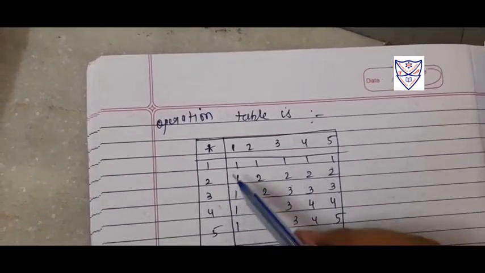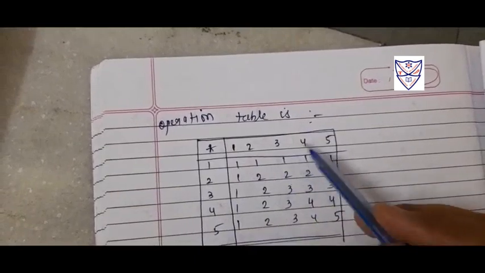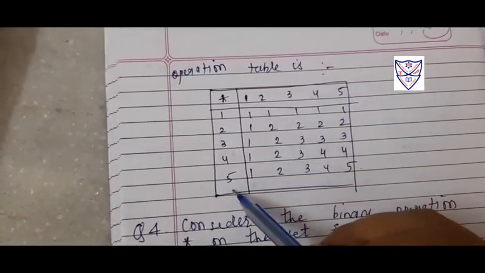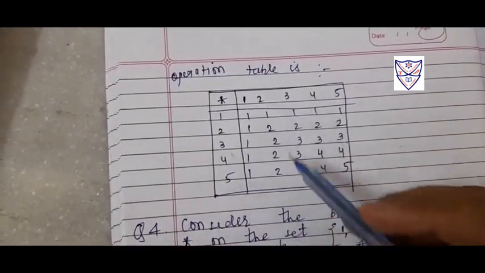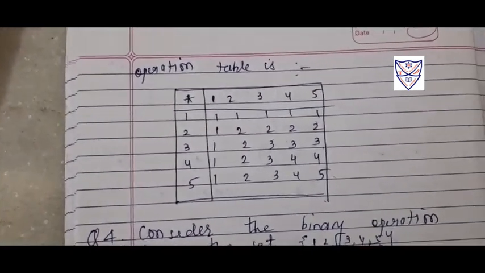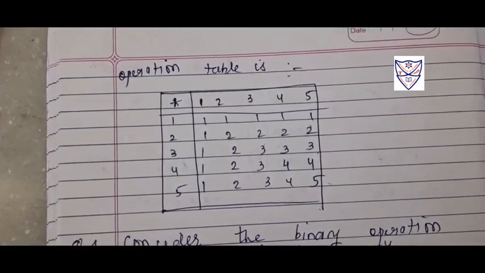Minimum value for 4: ordered pair (4,1) is 1, (4,2) is 2, (4,3) is 3, (4,4) is 4, (4,5) is 4. Same way for 5: (5,1) is 1, (5,2) is 2, (5,3) is 3, (5,4) is 4, (5,5) is 5. So this is the operation table for getting the minimum value of the ordered pair a, b.